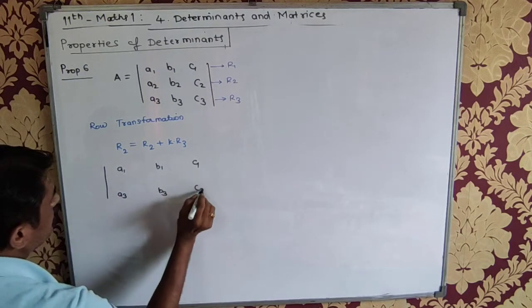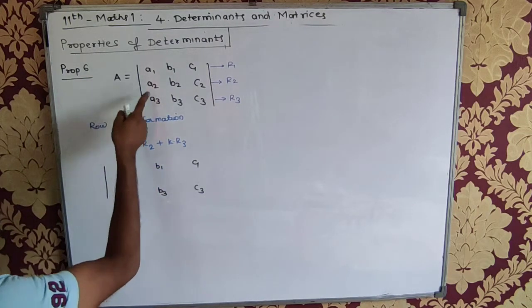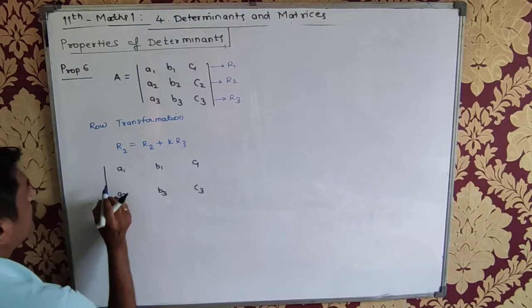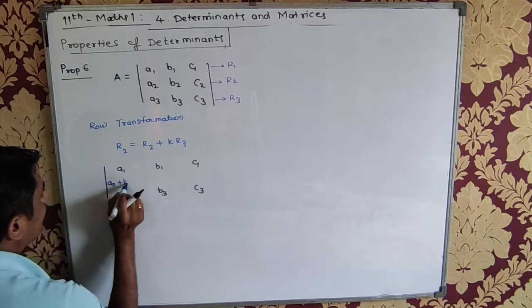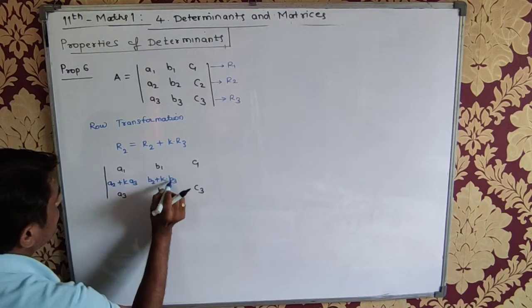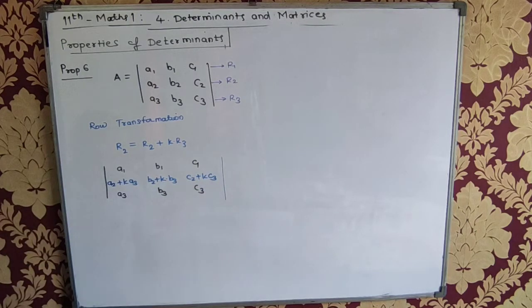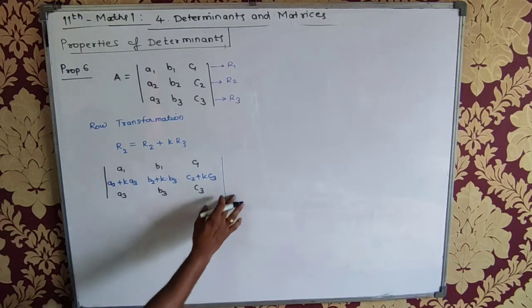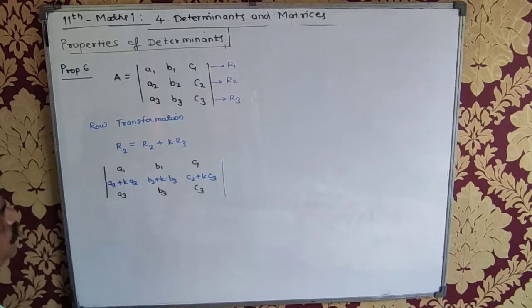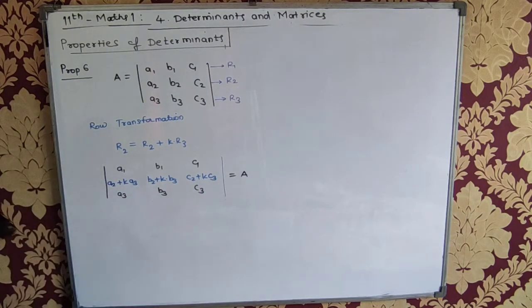But R2 becomes R2 plus K times R3, that is A2 plus K times A3, B2 plus K times B3, and C2 plus K times C3. This is called a row transformation. It can be carried out for any of the rows, and after doing it the value of the determinant remains the same. Is this okay?